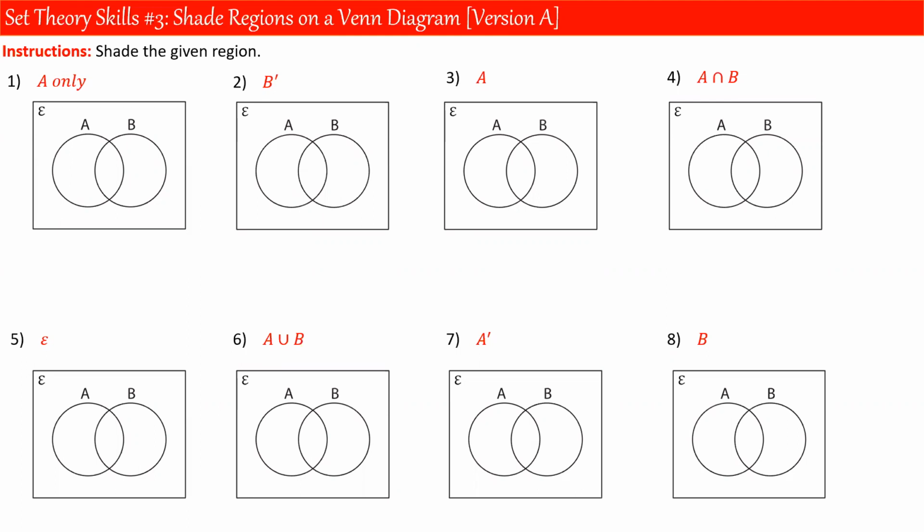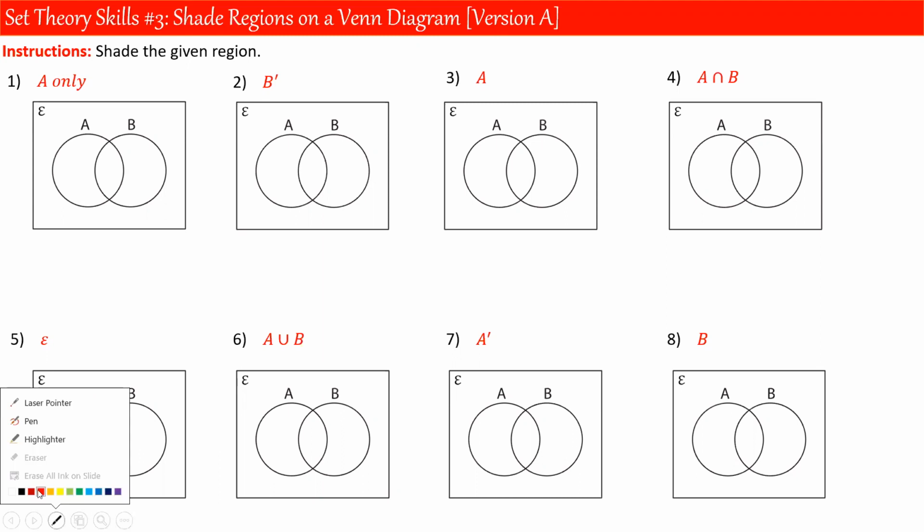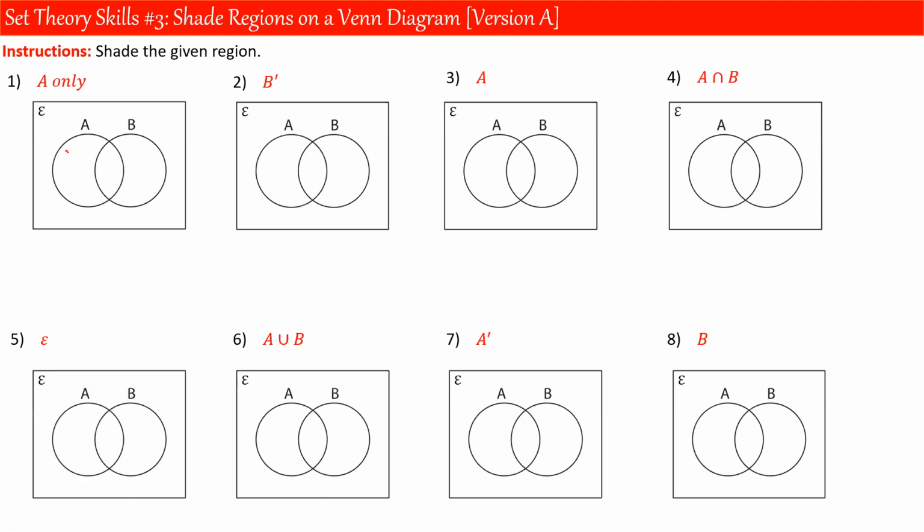Aiden, where's Aiden? Yes, sir. Okay, when you're shading in things, you don't want to do a squiggly line. For example, if you shade in A, you don't just do a squiggly line here and there and there.